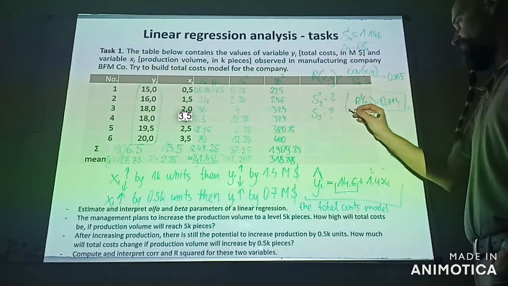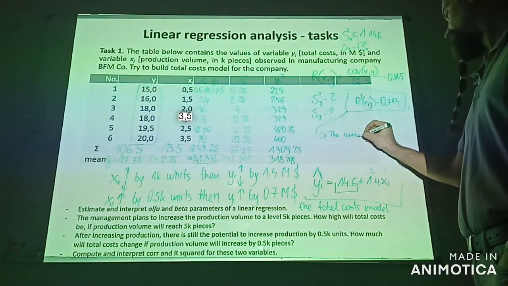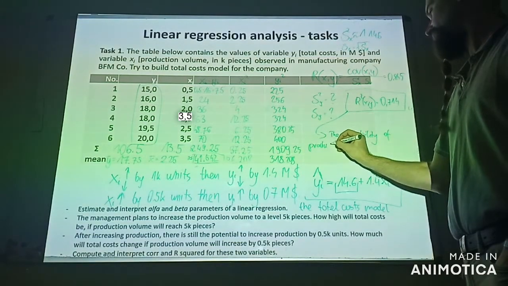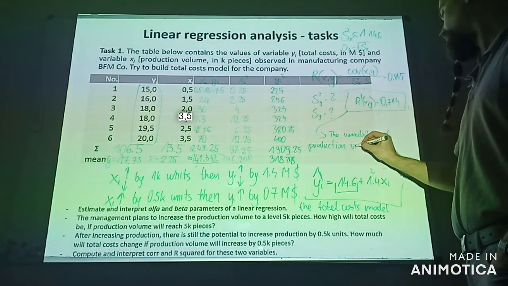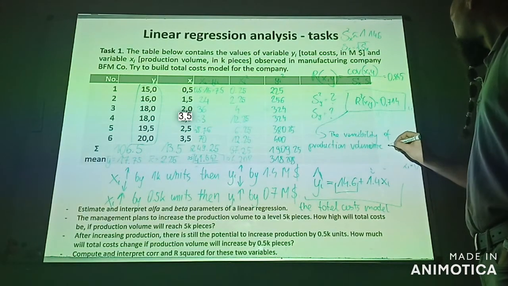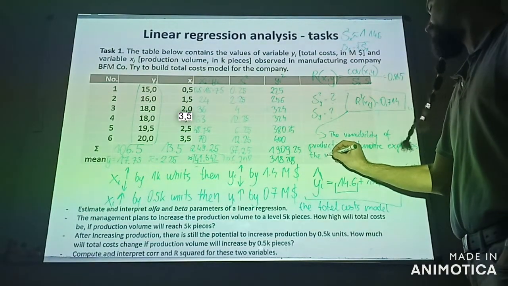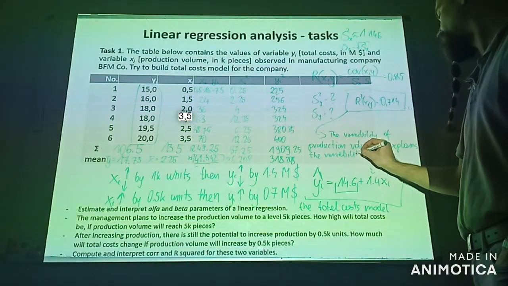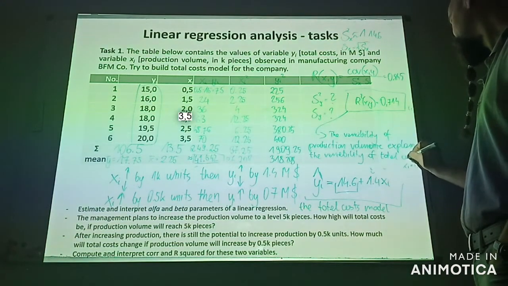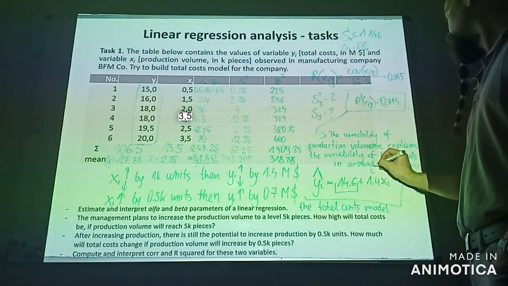And now we have the information that the variability of production volume explains the variability of total costs in around 71%.